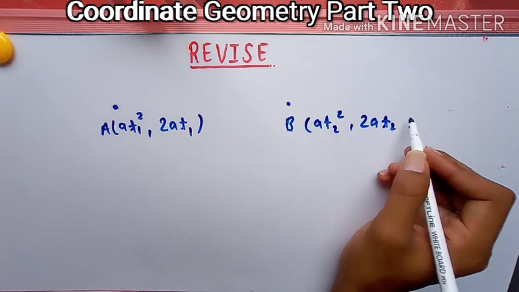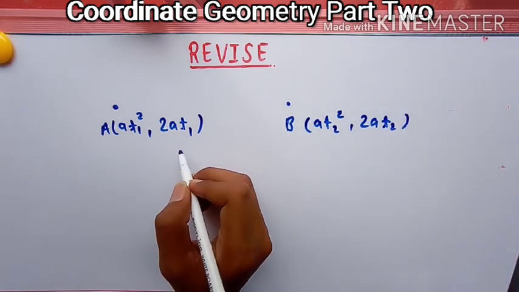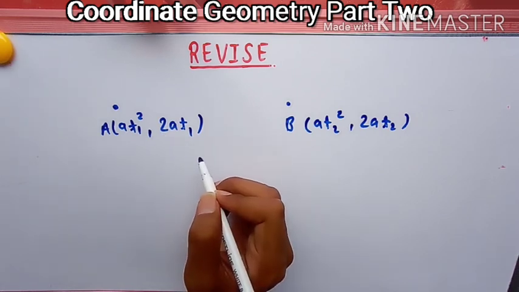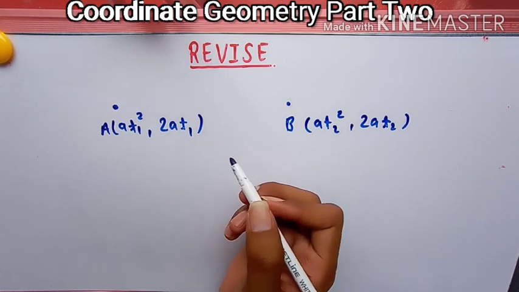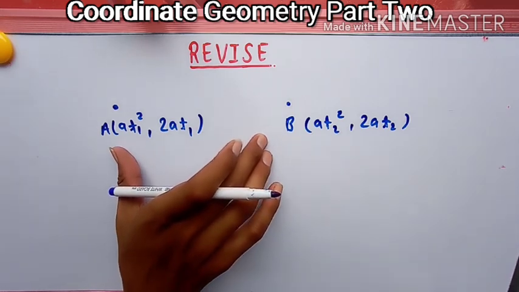Okay, please don't be scared of this question. I have chosen this question only because I have to make you learn something very better. So you have to use distance formula, understand?